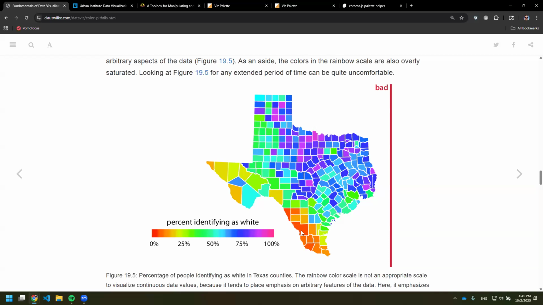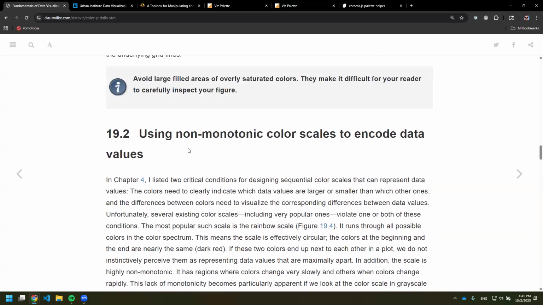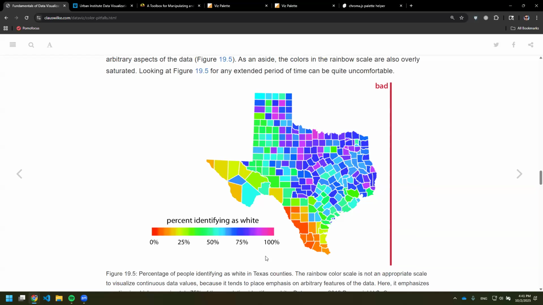Then, that would mean something for readers in that context about kind of the percentage of votes for particular parties. Okay, so don't use non-monotonic color scales to encode data.